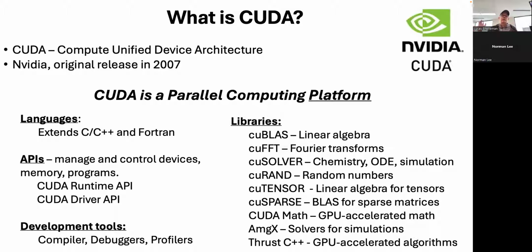Fast Fourier transforms, various solvers for ordinary differential equations, for the kinds of ODEs where this can apply. Things for random number generators, basic accelerated math. Thrust C++ has a bunch of GPU accelerated algorithms like sorting, where it actually uses GPUs to make that really fast. Things like that.